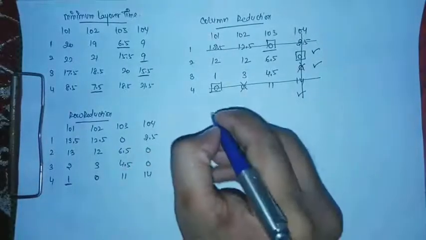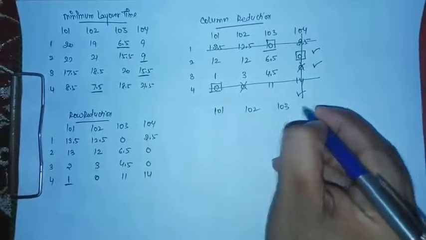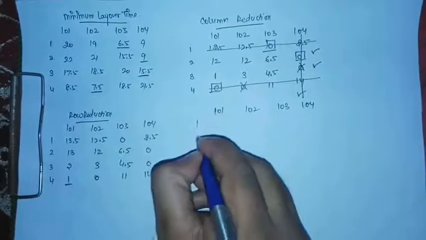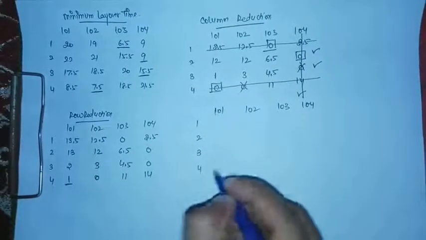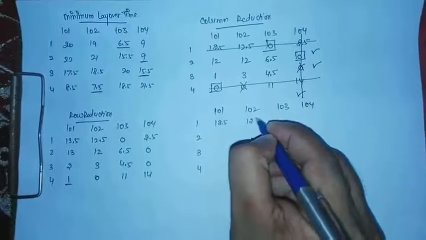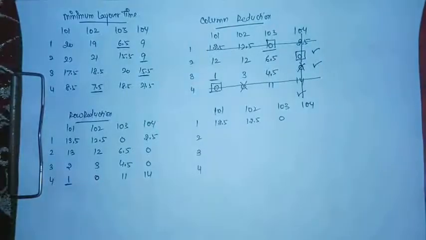So let's do it. 101, 102, 103, 104, and 1, 2, 3, 4. 12.5 will remain the same. Here the smallest element is 1. I had got it earlier, but I had marked it.